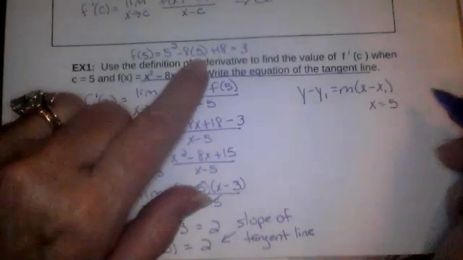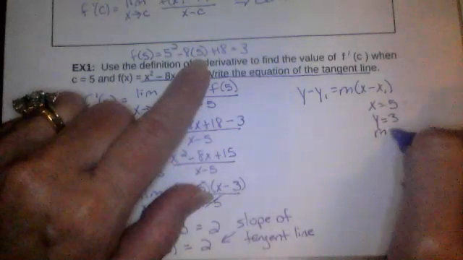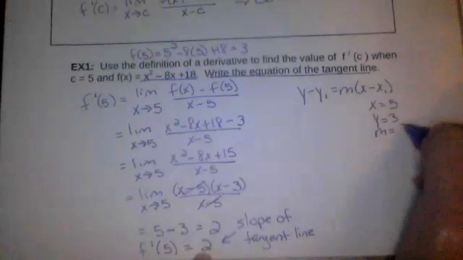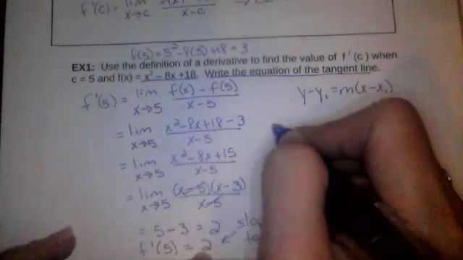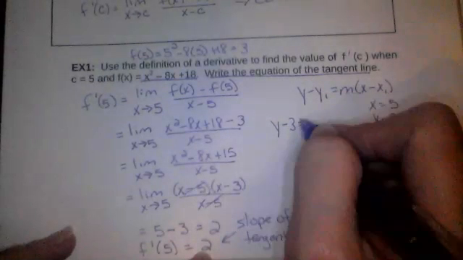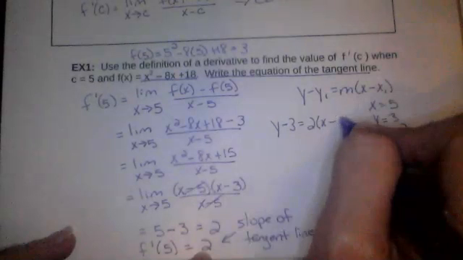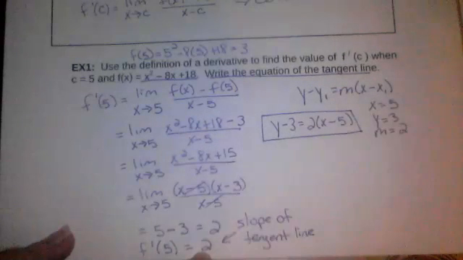I know that when I put in 5, up here I got a y value of 3. And I also found the slope of my tangent line, 2. So I'm going to use that information to write my equation. I've got y minus the y coordinate equals my slope times x minus the x coordinate. That's the equation of my tangent line.